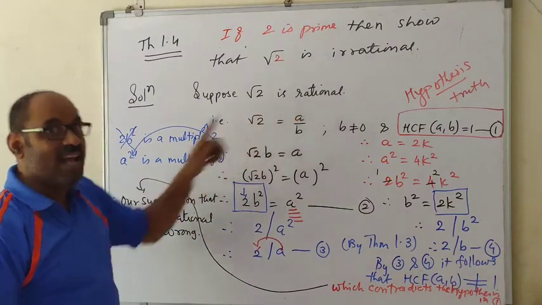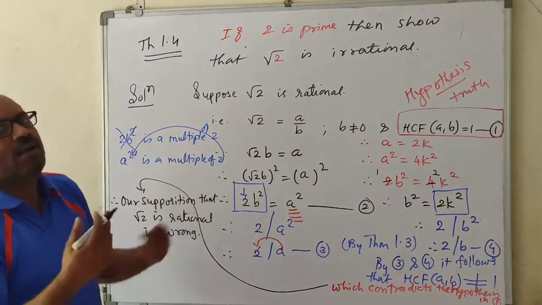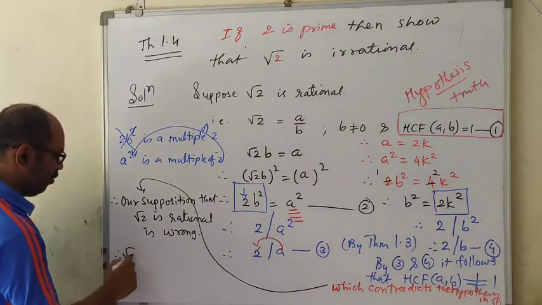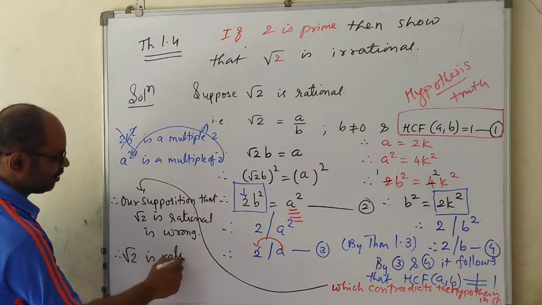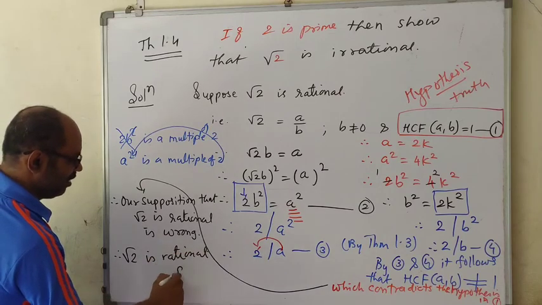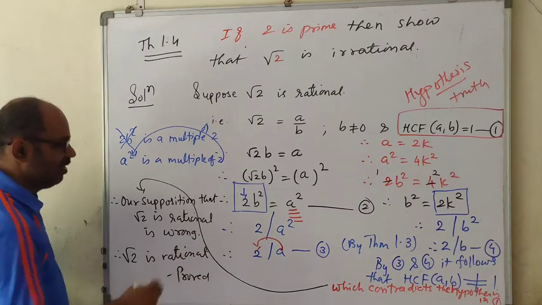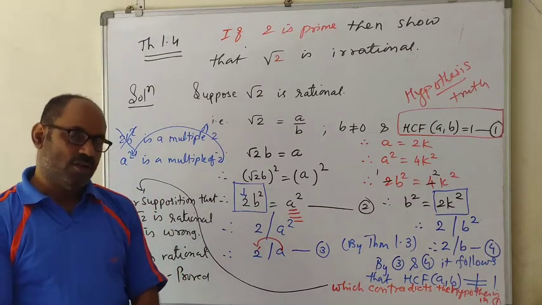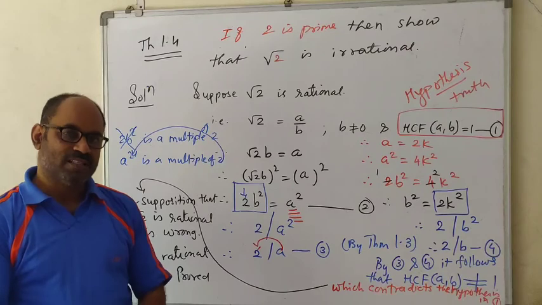Root 2 is rational is wrong, so what is right? Root 2 is irrational. That's it. Only other alternative. Therefore, root 2 is irrational. Proved. Did you understand? Yes, children, I am sure you must have understood.